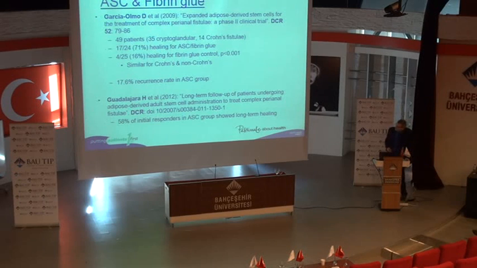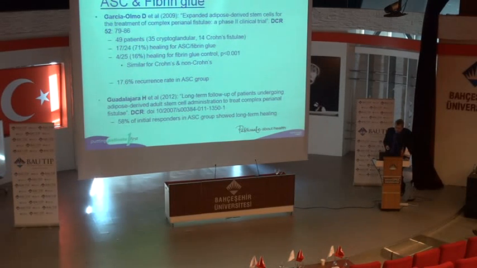García Olmo then went on and published in 2009 a phase 2 trial on almost 50 patients, both with cryptoglandular and Crohn's fistula. Same technique, in vitro expanded adipose-derived stem cells in fibrin glue versus a control group of fibrin glue. The fibrin glue control group does illustrate, to some degree, the poor rates of fibrin glue reported in some of these studies.